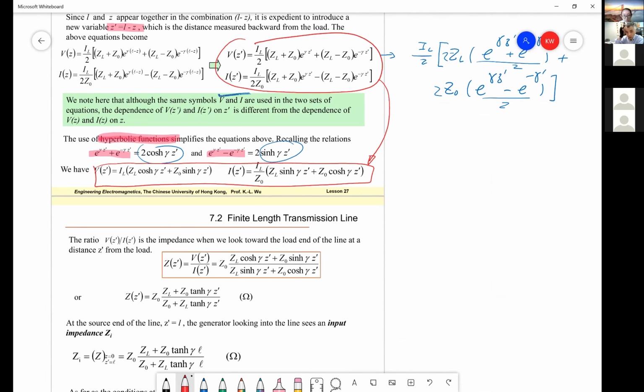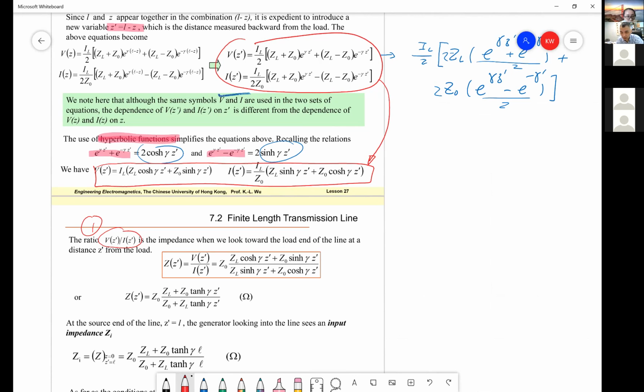First, what is the use of this tool? First, let's find the ratio of total voltage over total current. Let's find what this is. Because as electrical engineers, we always deal with impedance, right?